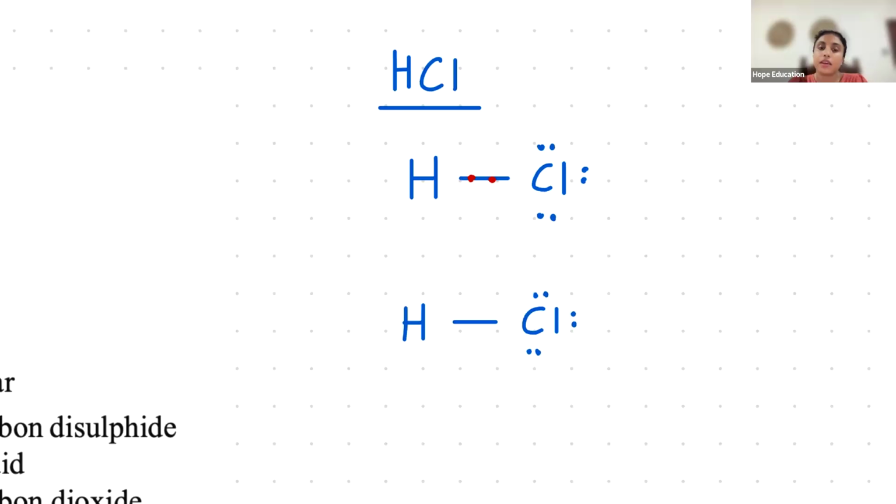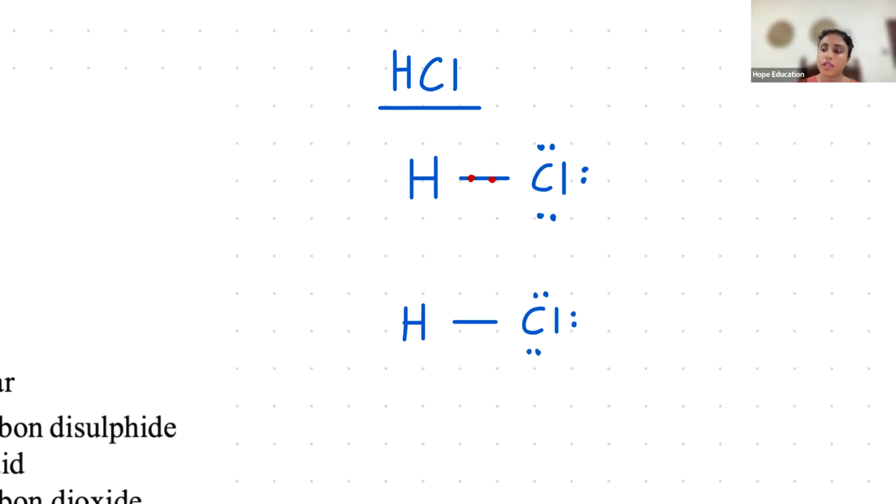Yes, chlorine. Chlorine has a higher electronegativity than hydrogen. Generally in a period, those on the right side have higher electronegativity, and those on the left side have lower. What is electronegativity?